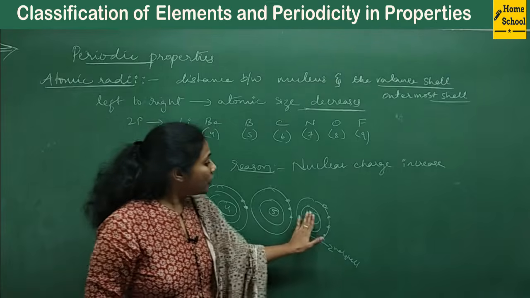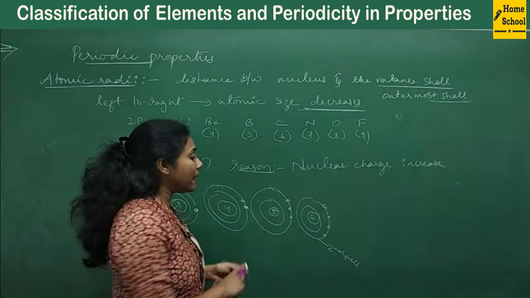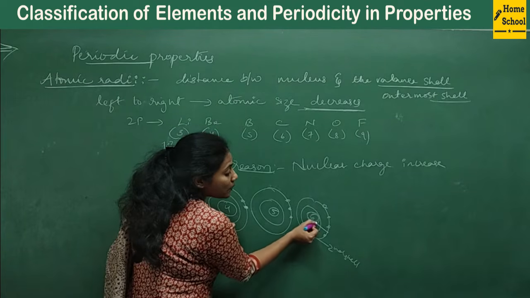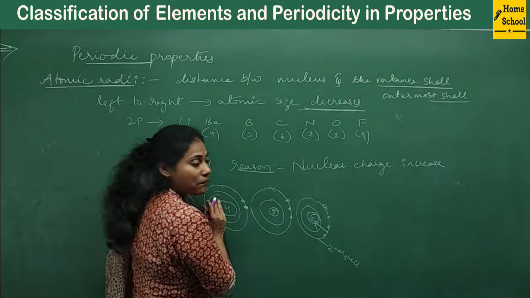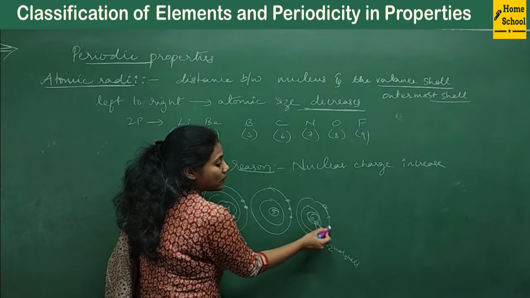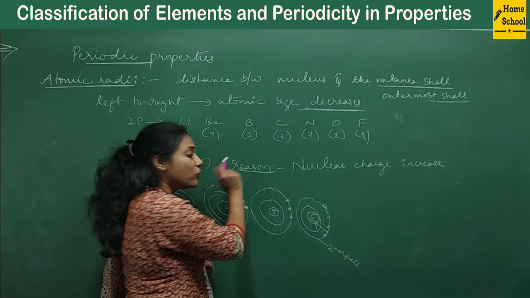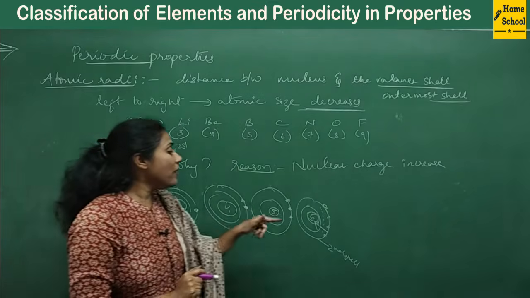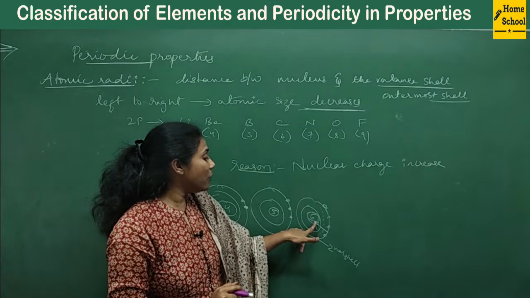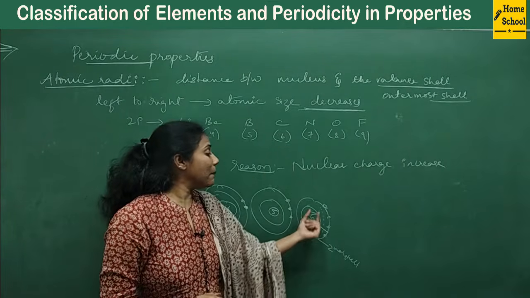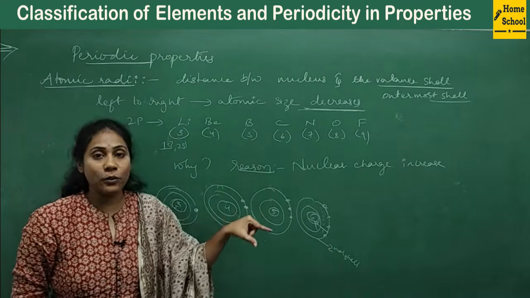So as number of protons increases, what would happen? This nucleus tries to pull the outermost shell towards itself. Imagine in carbon the outermost shell is here. So this shell will get pulled more towards the nucleus. So you will find more attraction between nucleus and the last shell when more protons are inside the nucleus.